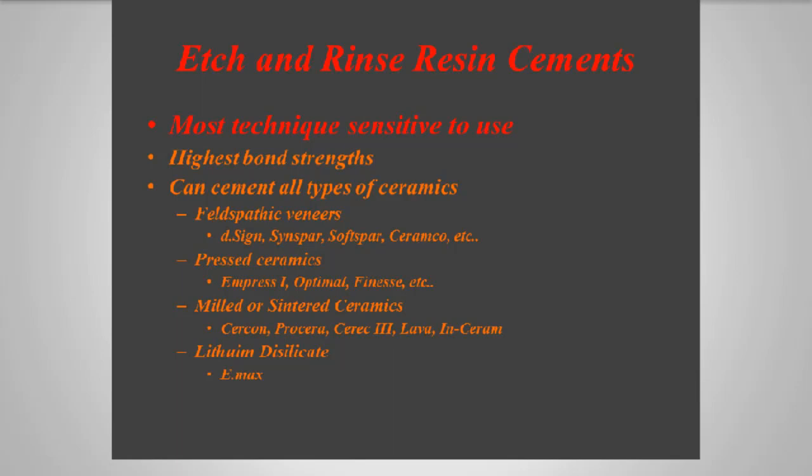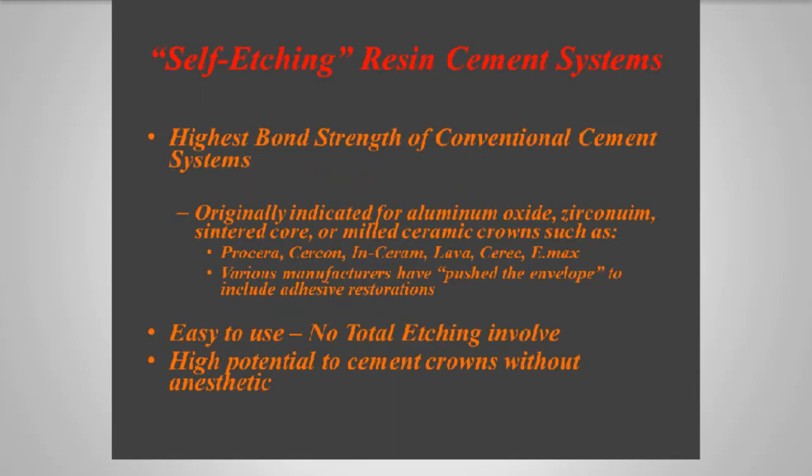Self-etching resin cements have the highest bond strength of conventional cements. Originally indicated for aluminum oxide, zirconium, and those types of systems you see listed here. They're easy to use, no total etches involved, and high potential to cement crowns without anesthetic if you so choose. As I said, that's not one of the things that I look for as a big plus.